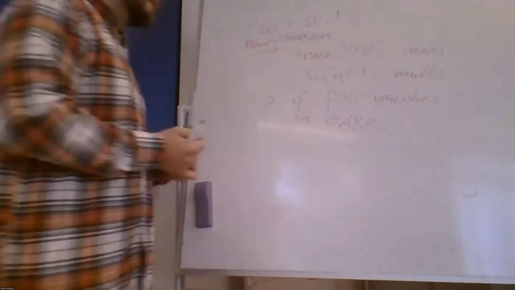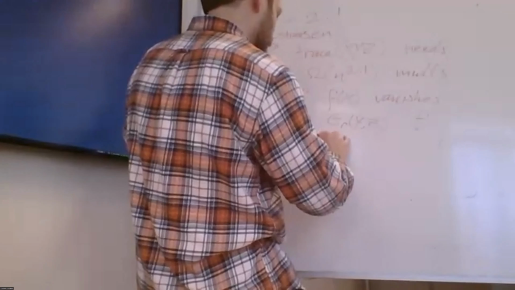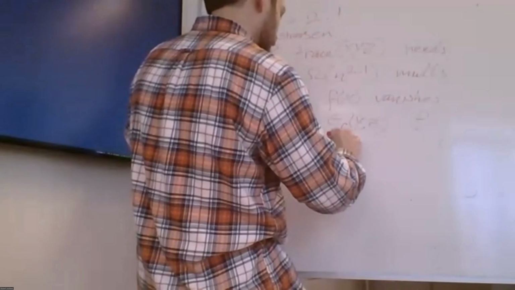Okay, so what we showed is that now if f vanishes on this generator, if the generator fails, then f requires something like r to the 2.1 multiplications.